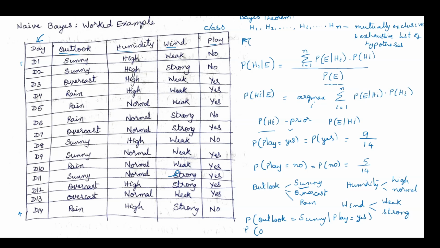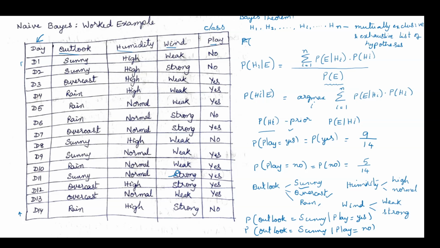Similarly, outlook equals sunny again given play is no. For each of play equal to yes and no, we need to calculate the probability of outlook equal to overcast given play equal to yes, outlook equal to overcast given play is no, P of outlook equal to rain given play equal to yes, and probability of outlook equal to rain given play is no. Repeat the same for humidity as well as wind.